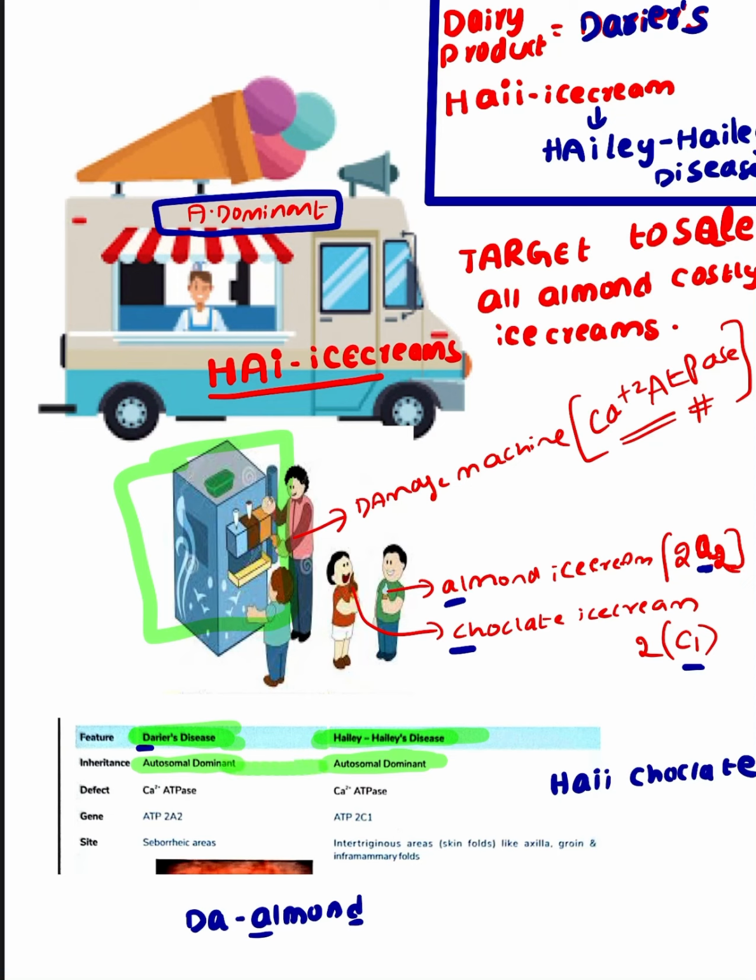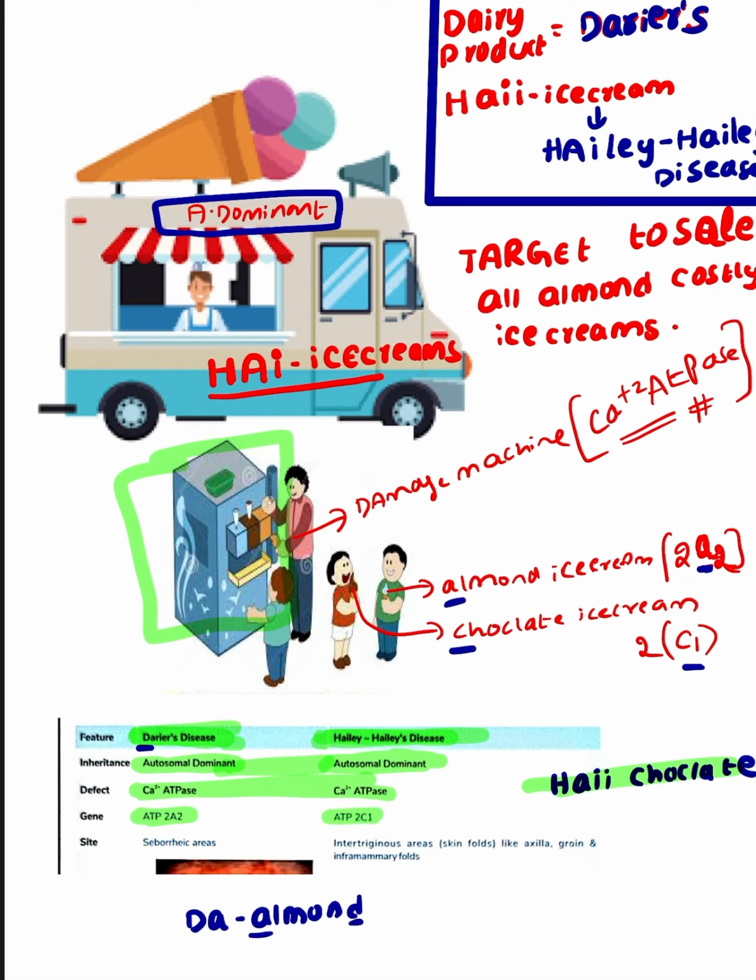Both are autosomal dominant conditions because our ice cream comes from this truck only. So both are autosomal dominant, and the defect in both is calcium ATPase. For Darier's disease I remember almond, so ATP2A2. For Hailey-Hailey disease I remember hey chocolate, so it is ATP2C1.